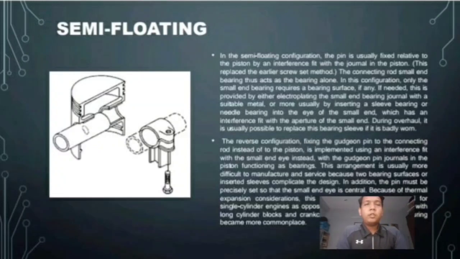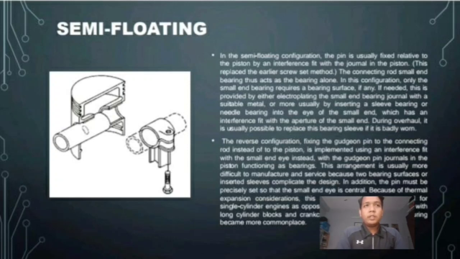In the semi-floating configuration, the pin is usually fixed relative to the piston by an interference fit with the journal in the piston. The connecting rod small end bearing thus acts as the bearing alone. In this configuration, only the small end bearing requires a bearing surface.